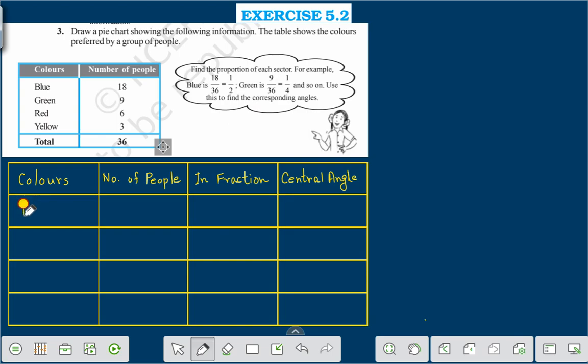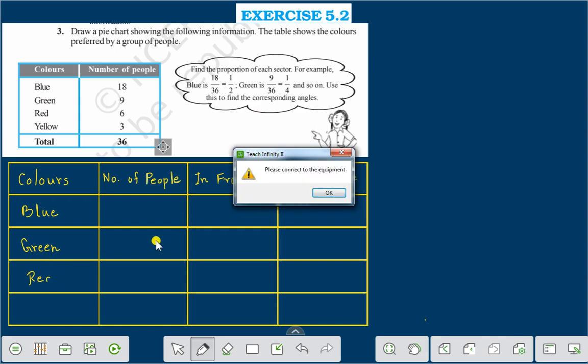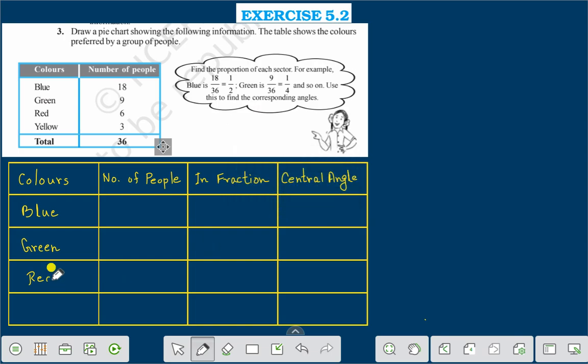Now colors. First one is blue. Next is green. Next one is red. Next one is yellow.